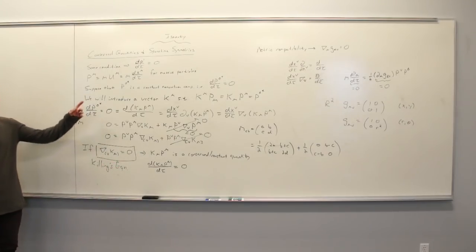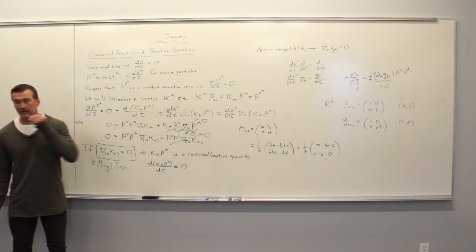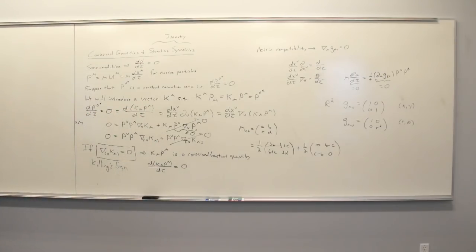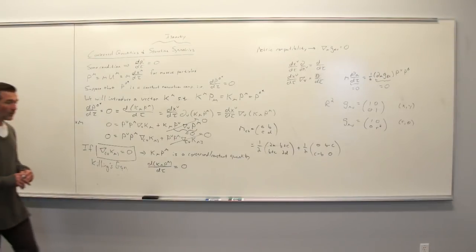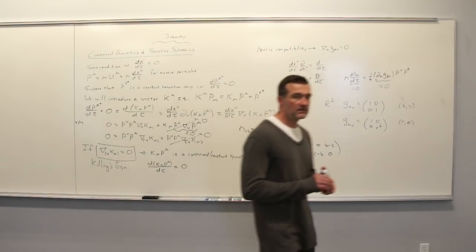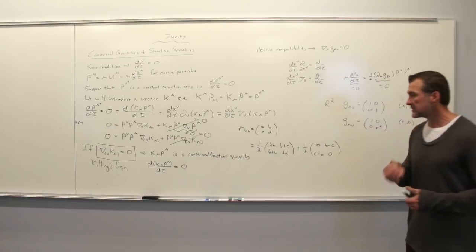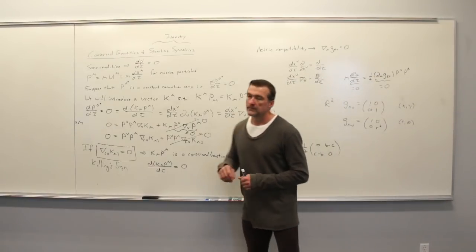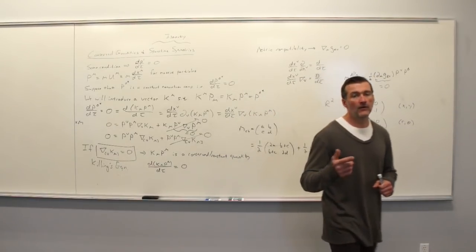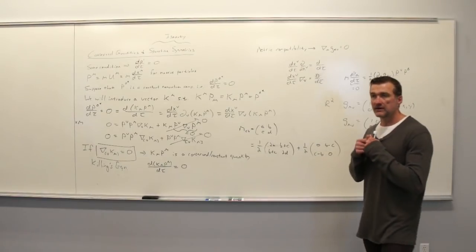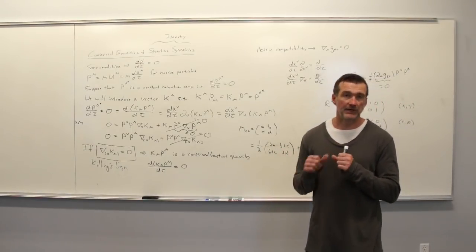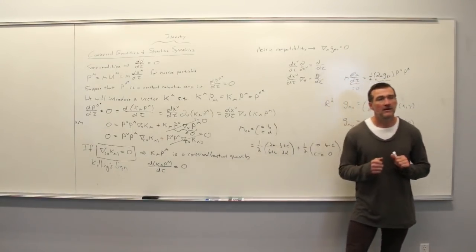And the k mu's that appear are called Killing vectors. So Killing vectors are in one-to-one correspondence with conserved quantities. But in turn, that's a one-to-one correspondence with symmetries of the geometry, or what we call isometries.